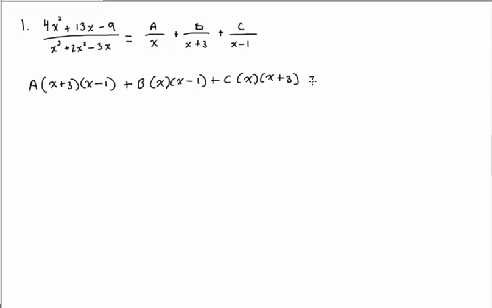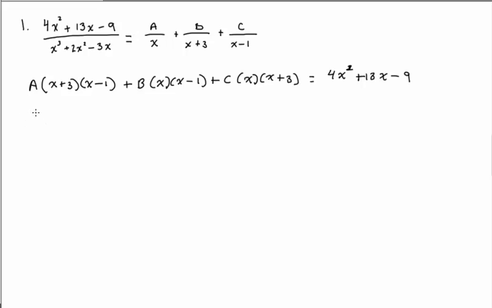And when we did this process, it would equal the numerator 4x squared plus 13x minus 9. So the goal here is to find the values of a, b, and c that would successfully decompose this fraction. In this particular part of the lesson, I'm more concerned with you being able to set up a system and not necessarily solving it. In the second part of this video, we will actually solve for the values.